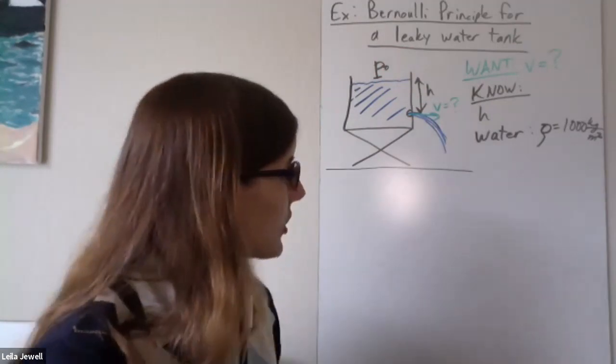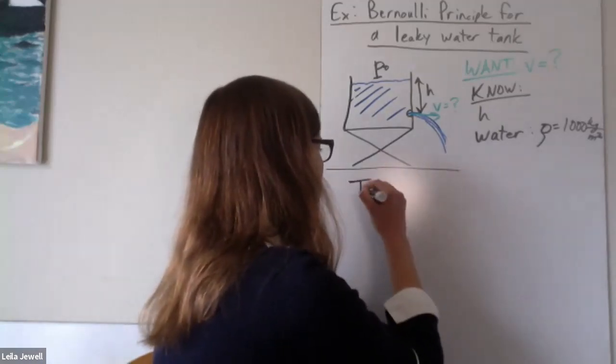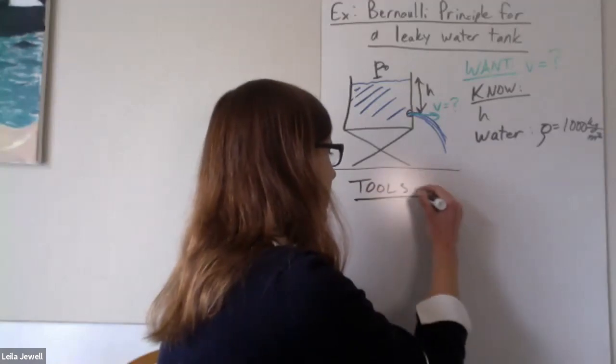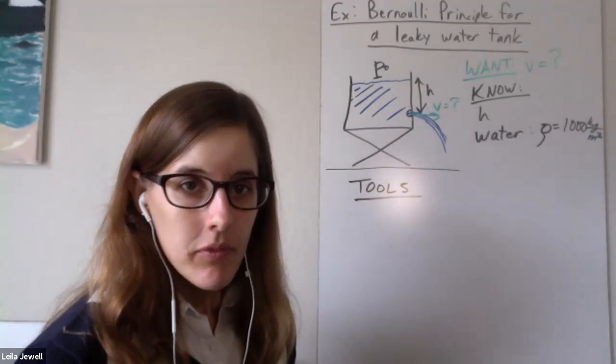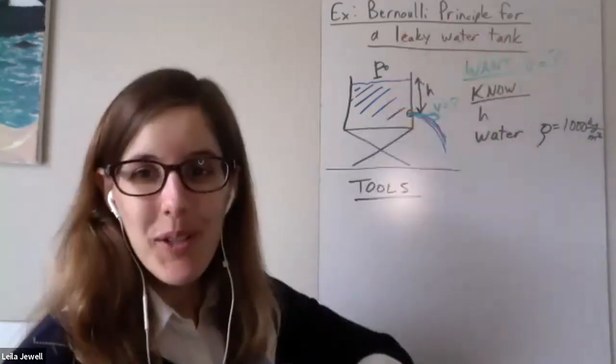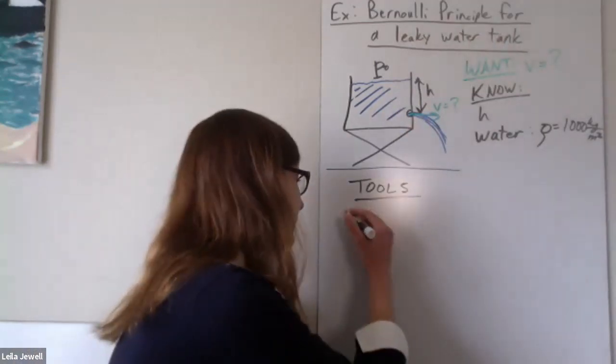All right, well, this is a pretty good start. So let's see, what tools might we want to use? Well, it tells us this is the Bernoulli principle. So that tells me we probably want to use Bernoulli's equation.